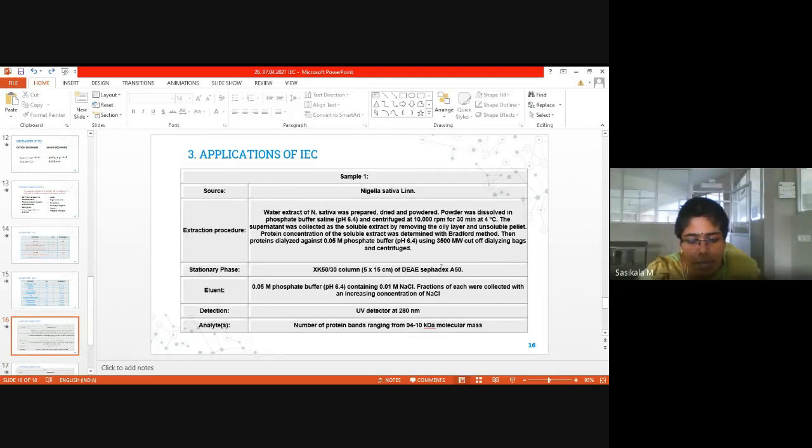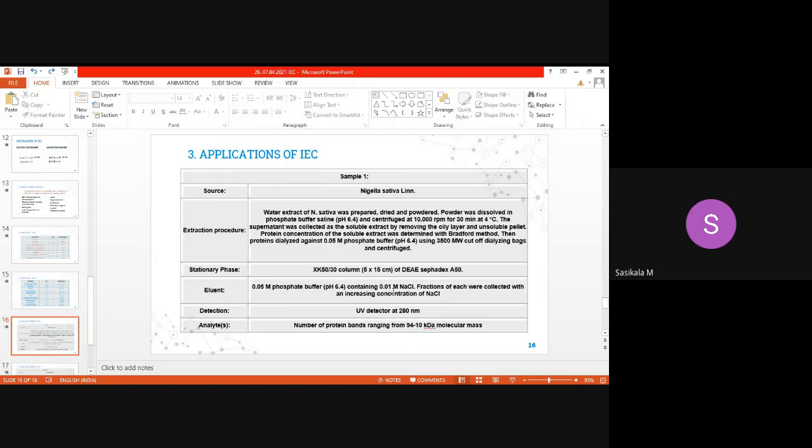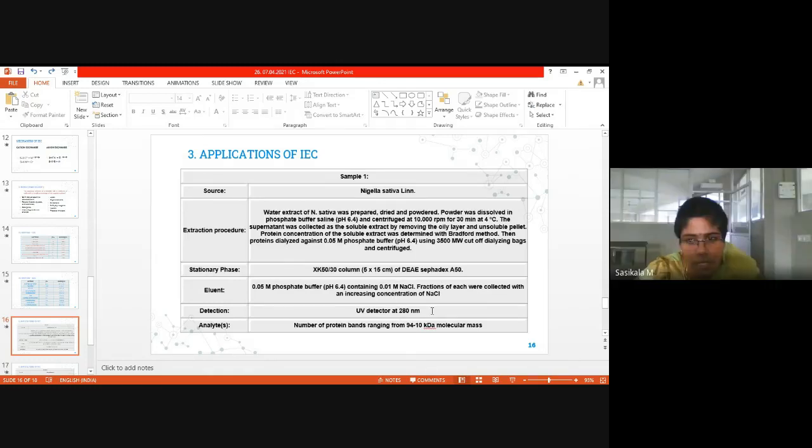So it is separated by using DEAE exchanger resin. The eluent will be phosphate buffer to maintain the pH, containing salt. What is the salt? We will be using sodium chloride. Increasing concentration of sodium chloride is used. Detection is using UV detector at 280 nanometer.